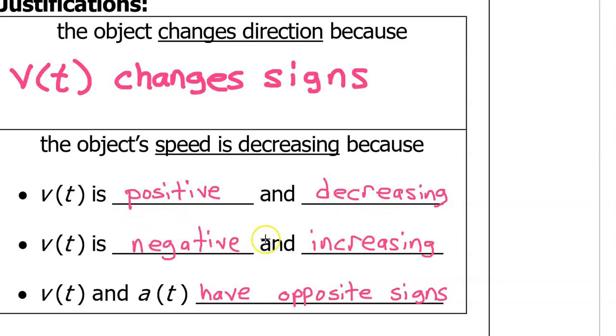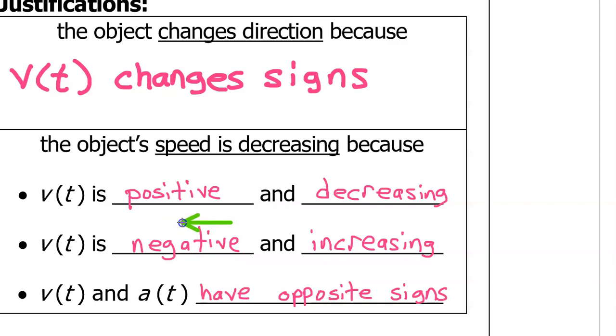This last one is a little more counterintuitive, shall we say. The object's speed will also be decreasing if the velocity is negative and increasing. So if the velocity is negative, that means that the object is going to the left. But if the velocity is also increasing, imagine that we're going from negative 30 meters per second, negative 20 meters per second, negative 10 meters per second.